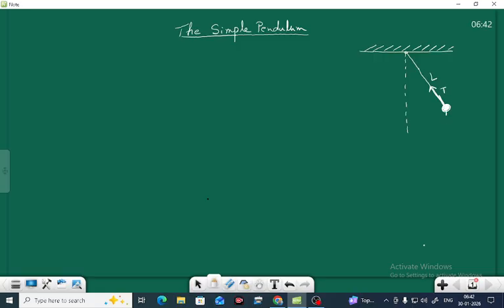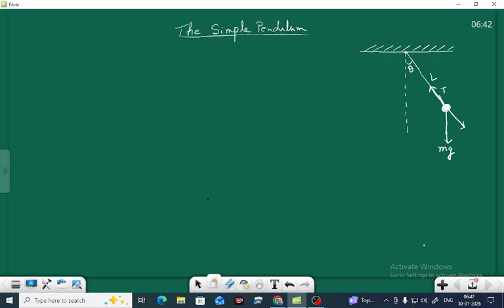And one will see the weight of this bob is always downwards. So it is m into g. This is mg. And suppose this is angle theta, and theta is very small. So this angle will also be theta, because this line and this line are parallel.